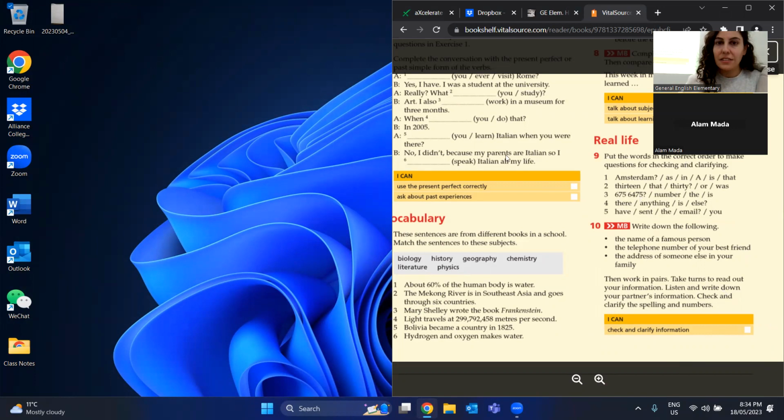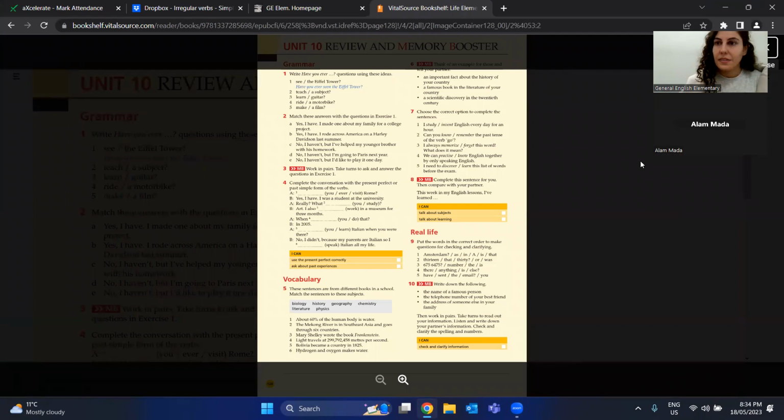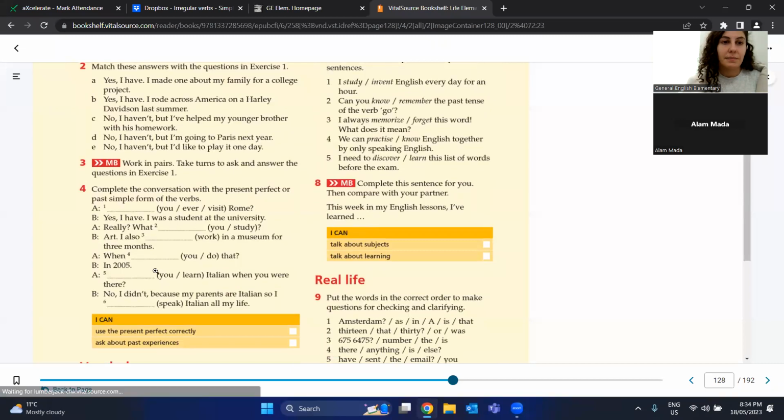So Unit 11. Any questions with practicing the present perfect? That's right, we compared it with the past simple. There's a difference between saying yesterday I went to, or last year I went to Rome, and then saying I have been to Rome.